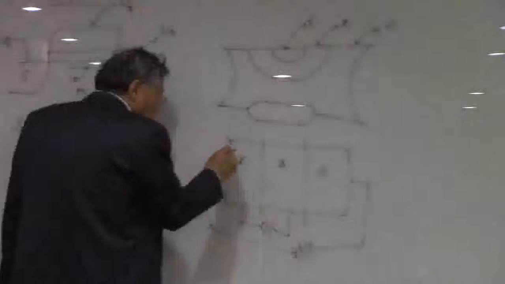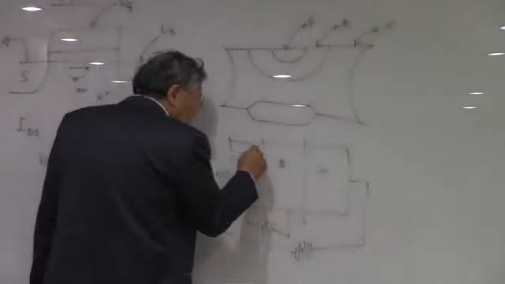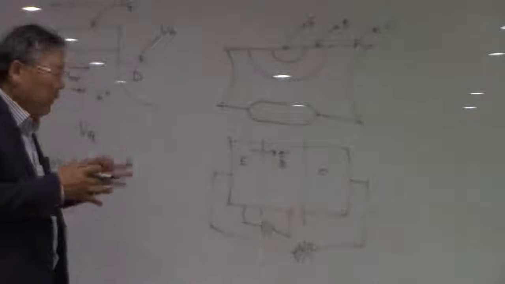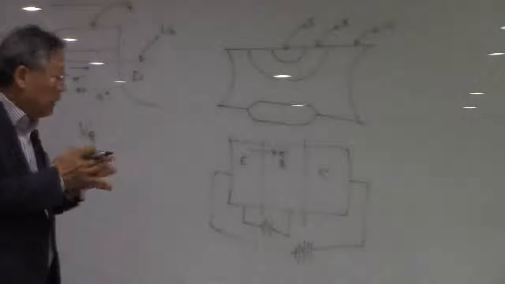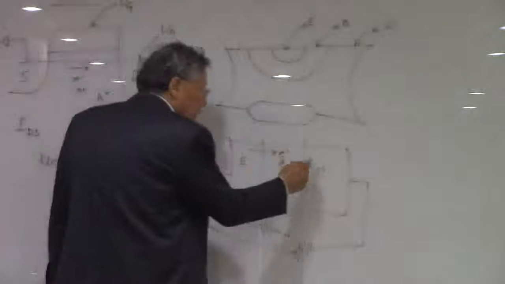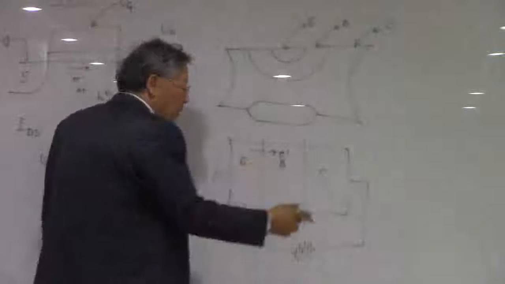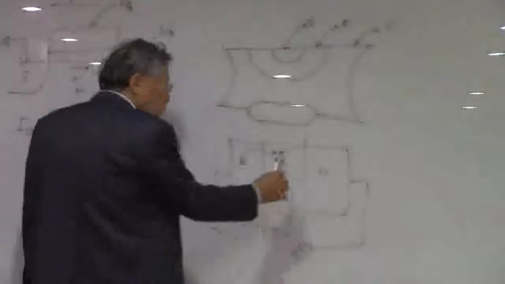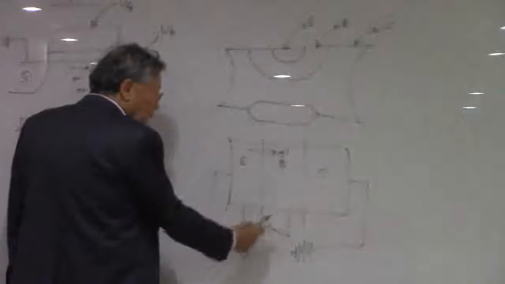So basically what it does is inject the electrons or holes into the base, and we make the base as thin as possible so that these electrons can survive and be collected in the collector. And that current is going to be controlled by the bias between the emitter and base. That's what it is, right?